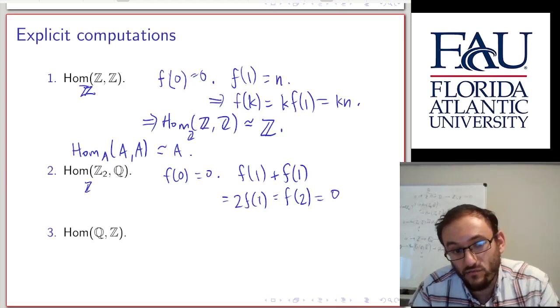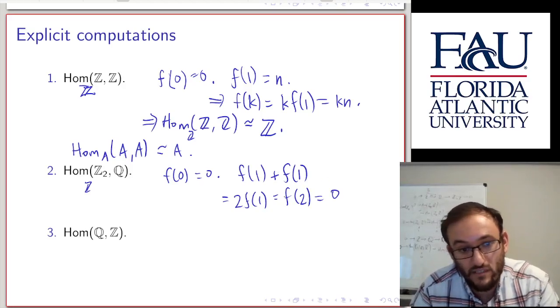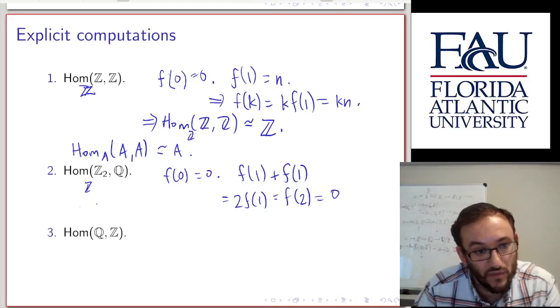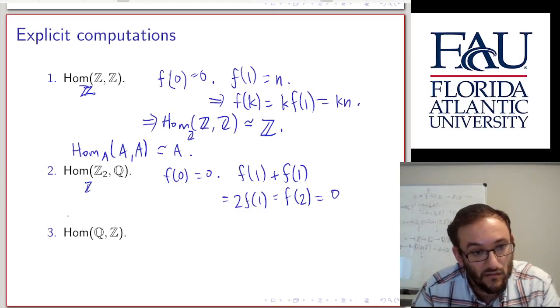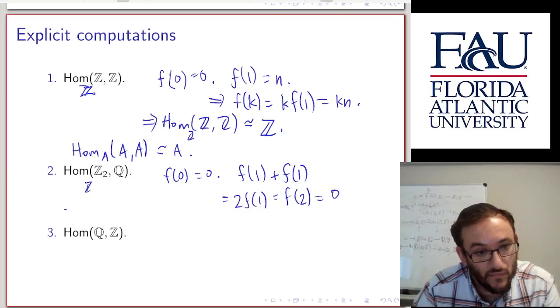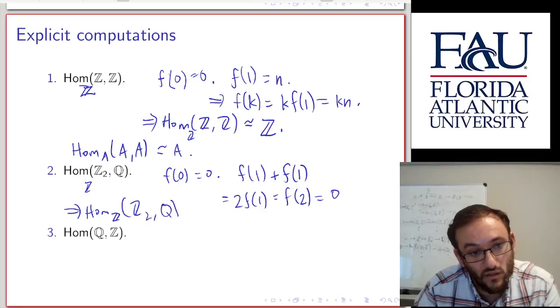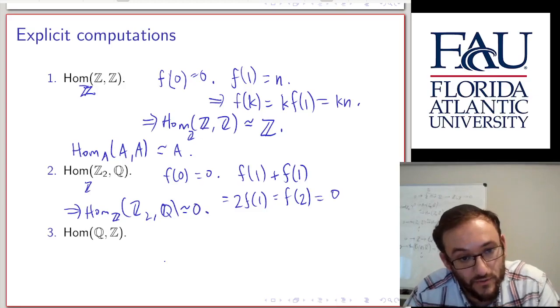So that means that f(1) itself must be 0. So Hom_Z(Z/2, Q) will be isomorphic to the 0 module.